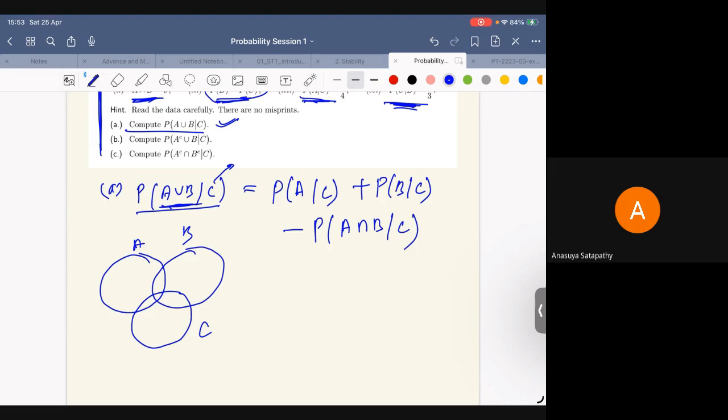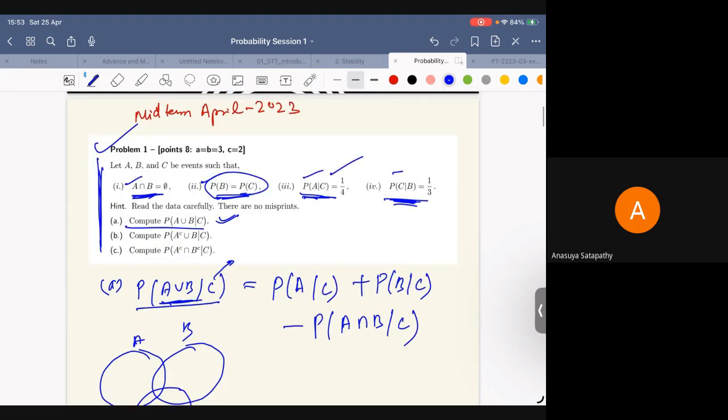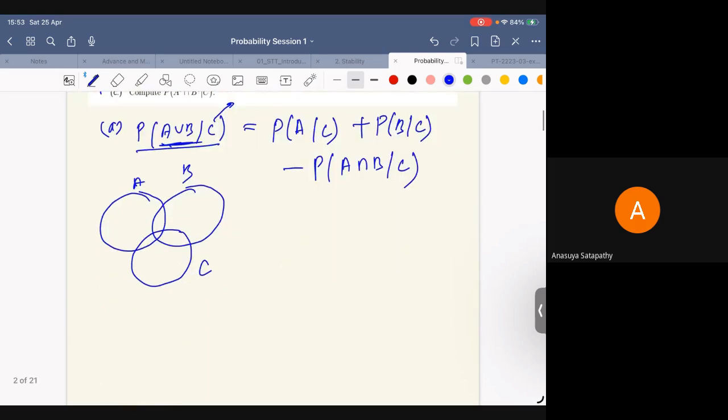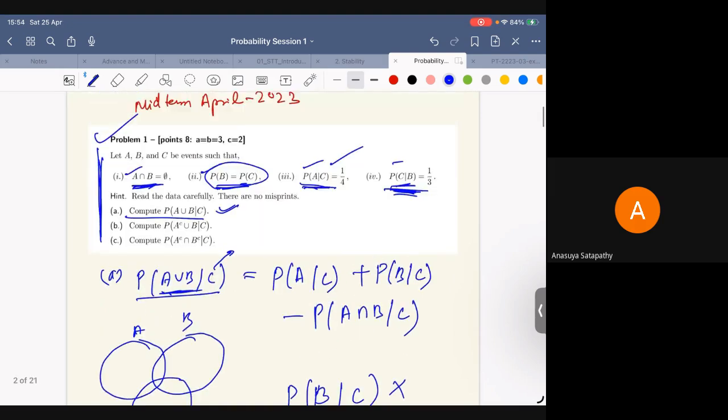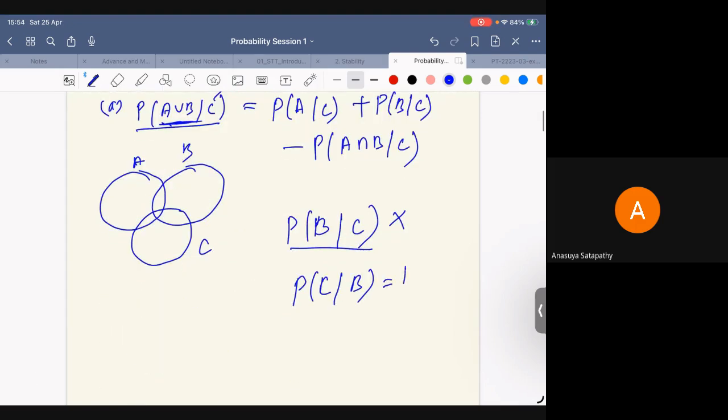Okay, so you have A, this one you have. Do you have this one? No. It's probability 1 minus probability of B given C. We don't know this one, but we know C given B, which is already given in the question as 1 by 3.